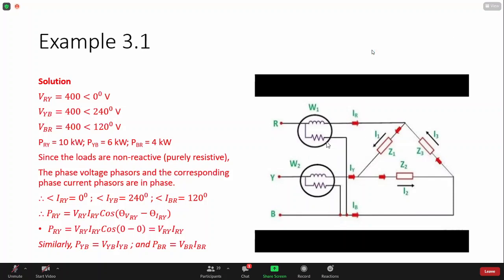Because we need line currents. Right. We can't find the line currents without knowing what the phase currents are. Right? And since it's an unbalanced system, it's important now that you find the phase current in each phase. With me? Yes, sir.